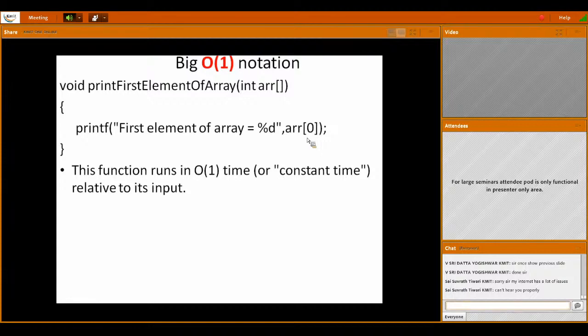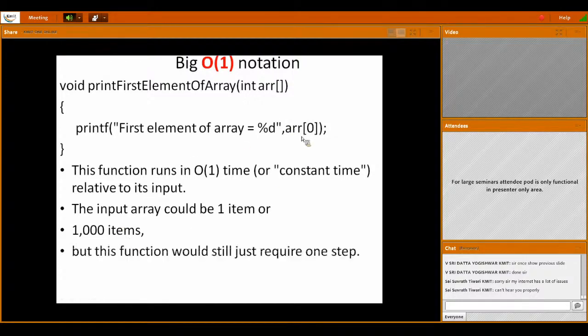It's going to happen only once. The input array could have one element, or there may be 1000 elements in the array.